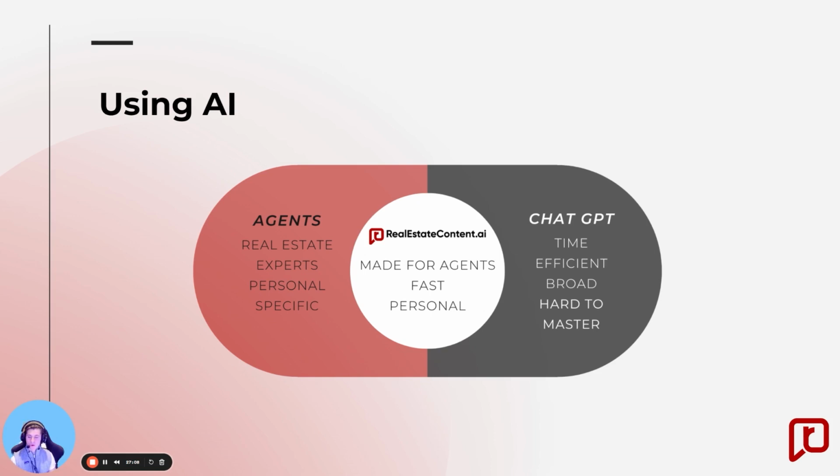So that's where AI comes in. AI is going to do the same job that you would be able to do. It'll just do it faster, better, more time efficient, which is at the end of the day going to save you time so that you can get back to doing what you do best, which is all the other jobs that a real estate agent does every single day. Because guess what? You're not a social media manager. The goal of these classes is not to teach you how to be a social media manager.